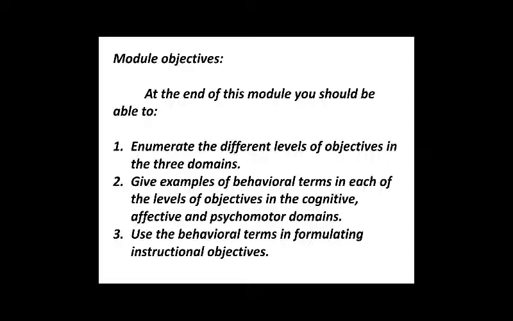Give examples of behavioral terms in each of the levels of objectives in the cognitive, affective, and psychomotor domains. And lastly, to use the behavioral terms in formulating examples of instructional objectives.